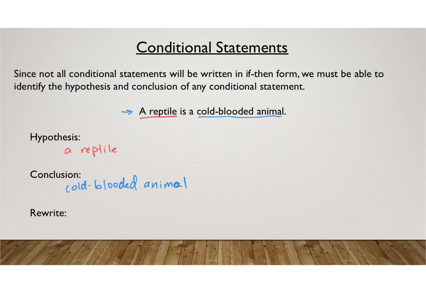You can add the occasional word to make it flow as a sentence, but don't try to change any of the words, because then you could screw up your hypothesis or your conclusion. So I'm going to write, if it is a reptile, then it is a cold-blooded animal.